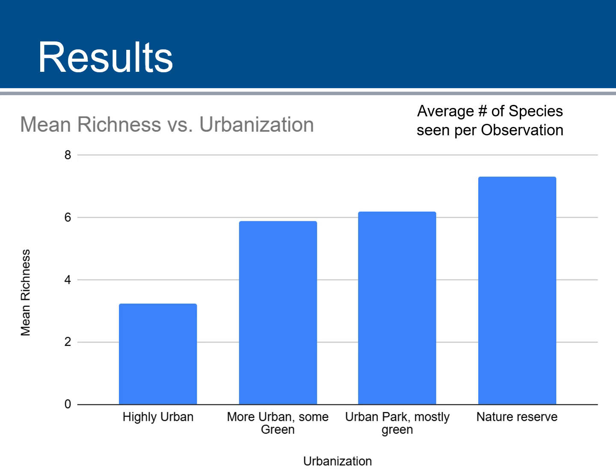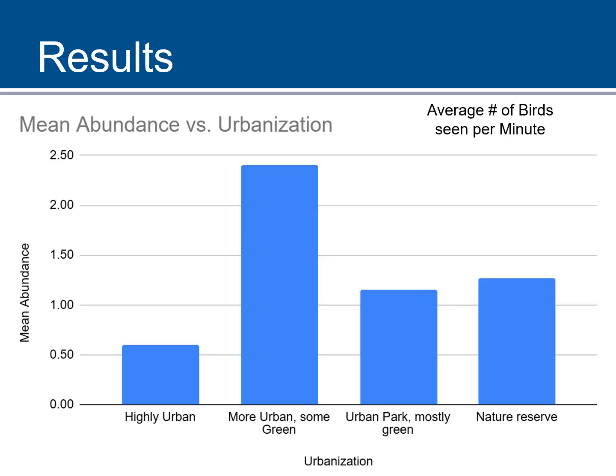highly urbanized areas. For mean abundance, we saw the highest abundance of birds in the urban green spots. More urban than not, but some green available. We tended to see a lot more birds, and this included things like rock pigeons and Eurasian tree sparrows.